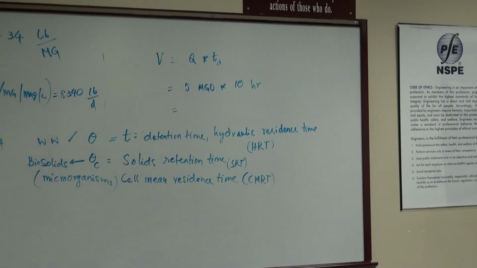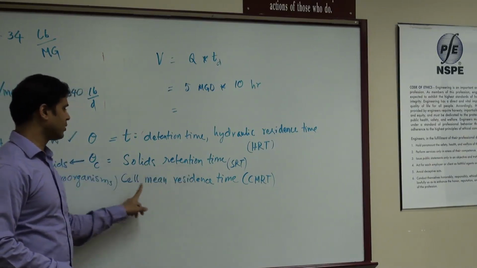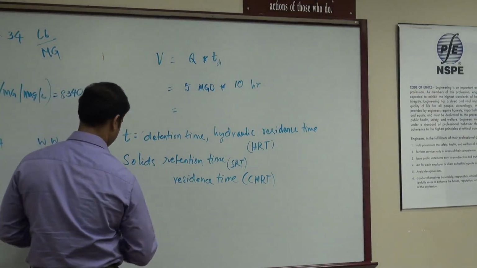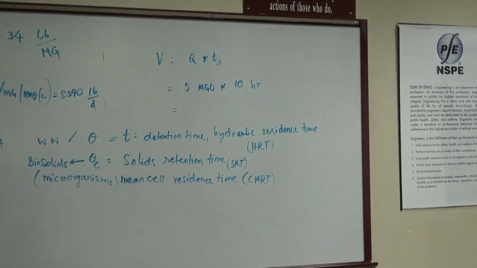There is mean cell residence time, MCRT, and solids retention time, SRT, and hydraulic retention time, and they are all different. So pay attention to those. Right? So what does it mean? Can some of you recall what is the solids retention time or mean cell residence time?